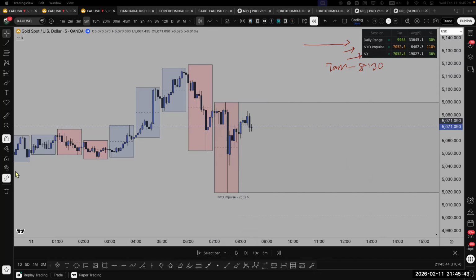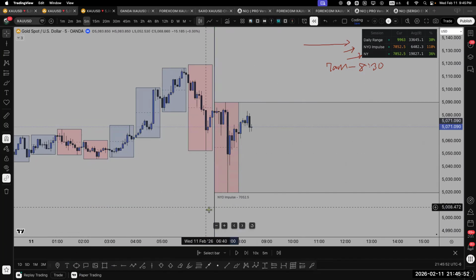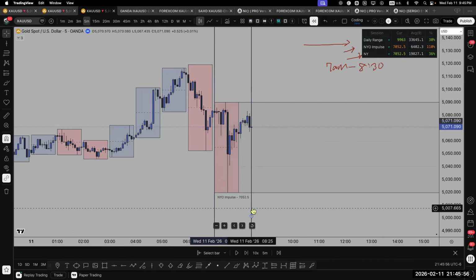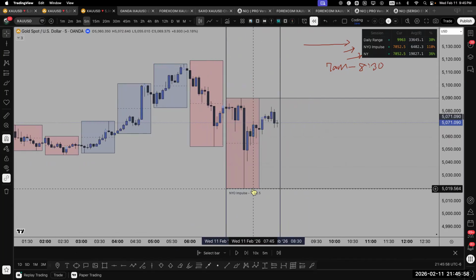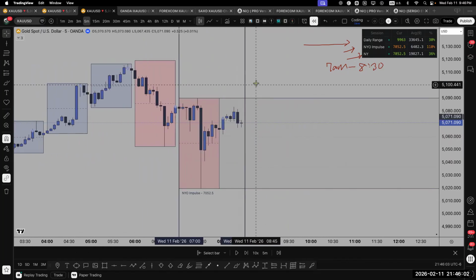Let me do this here. So you see that 7 in the morning right there. That vertical line represents 7 in the morning, and then 8:30 in the morning is right here. This is time and price.